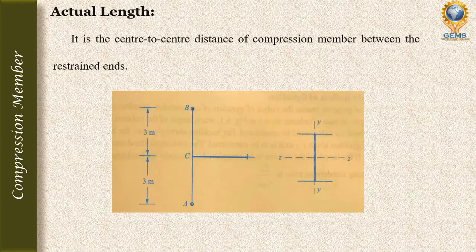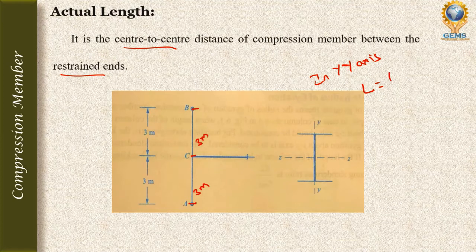Next is the actual length. The actual length is the center to center distance of the compression member between the restrained ends. In this diagram we have the y-axis and z-axis. If you take the y-axis, your actual length is, from here to here it is 3 meter, and from here to here it is another 3 meter.